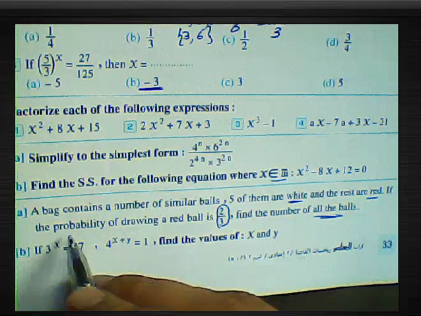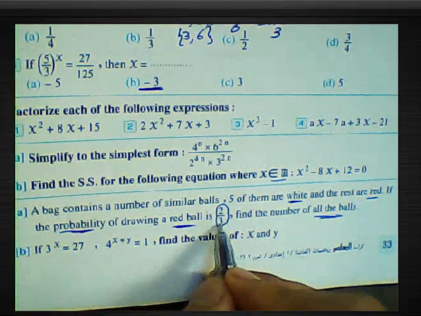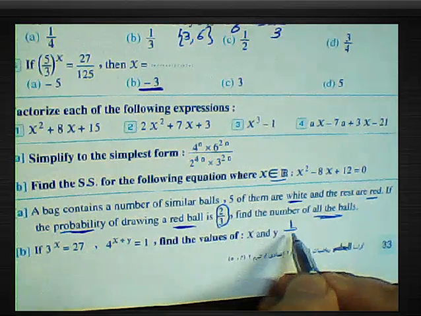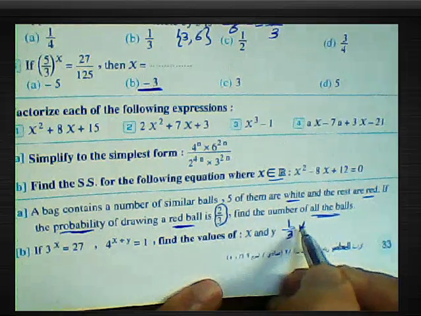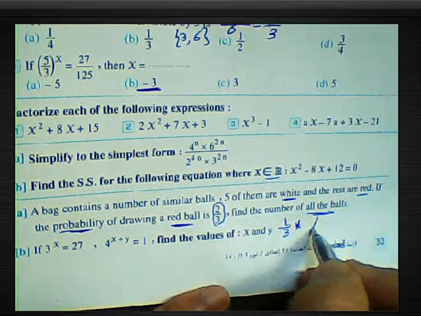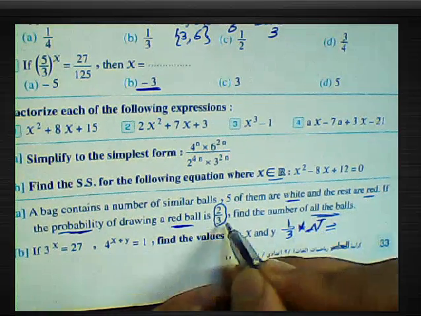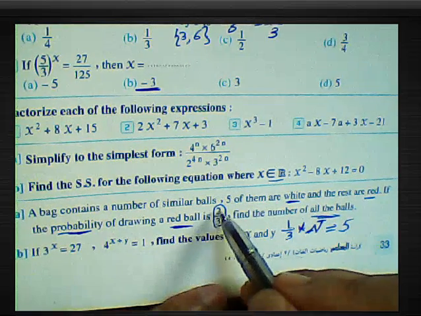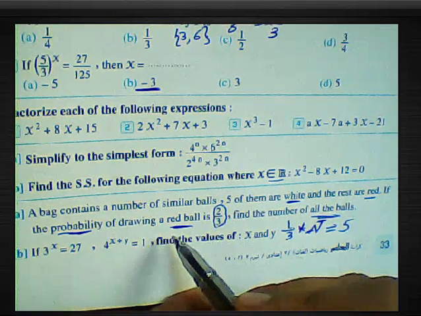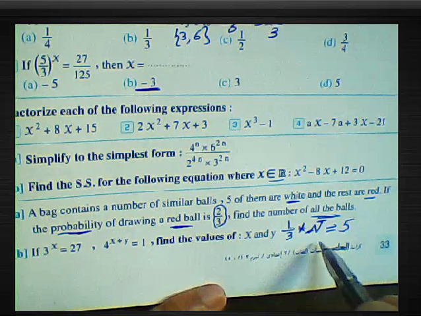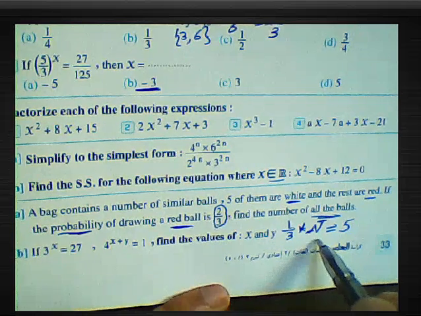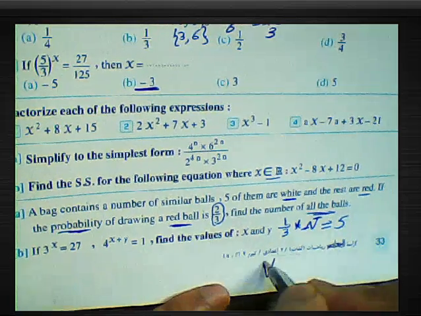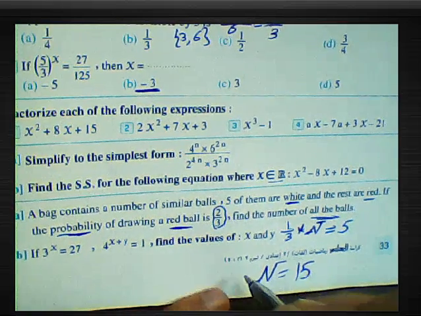We know the probability of drawing a red ball equals 2 over 3, then the probability of drawing a white ball is 1 over 3. 1 over 3 of the total number of similar balls is 5. So the number of balls will be 3 times 5 equals 15.